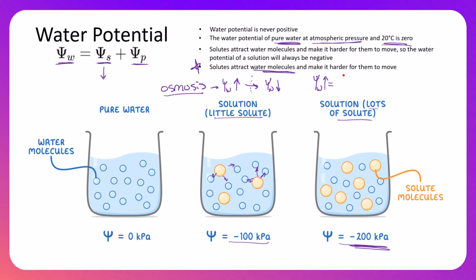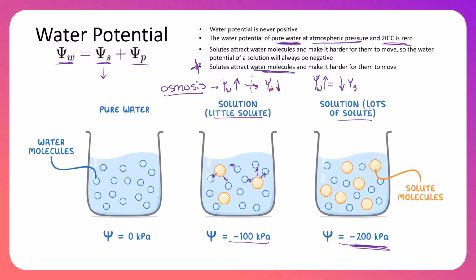But remember that in order to have a higher water potential, you have to have a lower solute concentration, because the more concentrated the solute gets, the more negative the water potential gets, which means the water potential energy drops. So water is going to move from an area of high water potential to an area of low water potential, or from an area of low solute concentration to an area of high solute concentration.